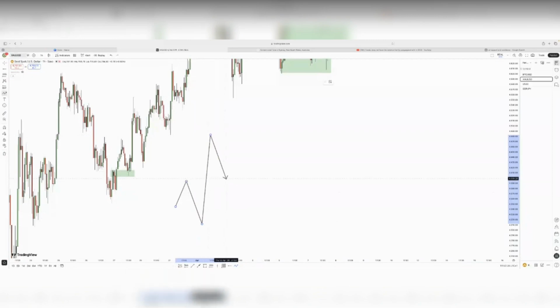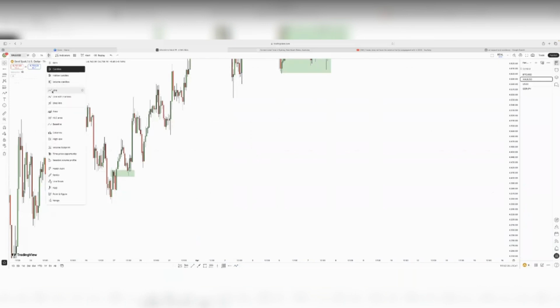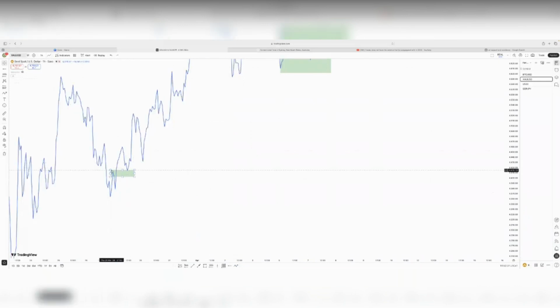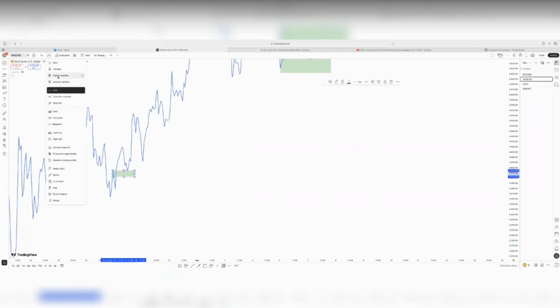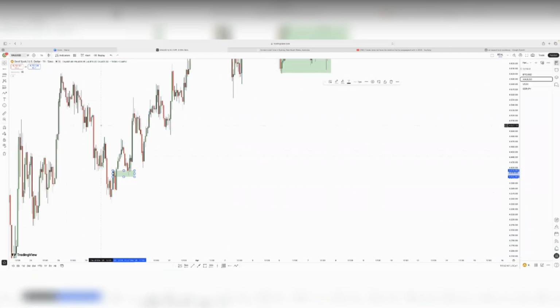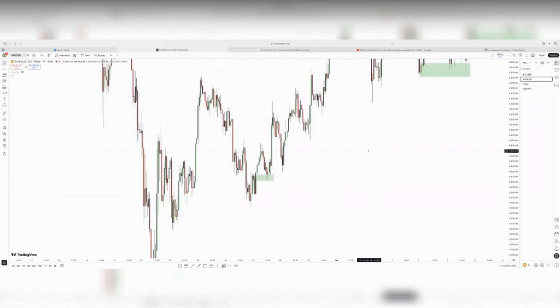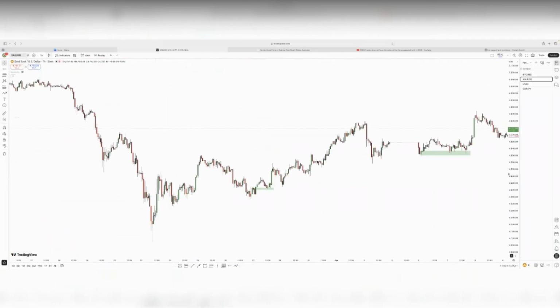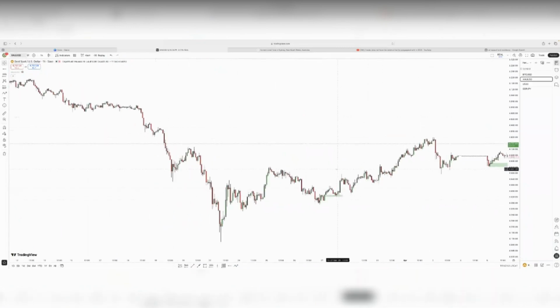This becomes your breaker block. That is exactly what happened right here. Let's look for other scenarios.